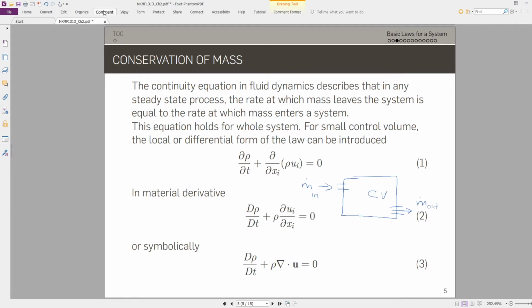Then if you read different textbooks, you may find that different representations of the equations are written in different textbooks, and especially in the journals as well, you may find that the similar equations are represented in different approaches. For example, the one that we have in equation number 1 is the conservation of mass as well, but it's written with the Euler notation.